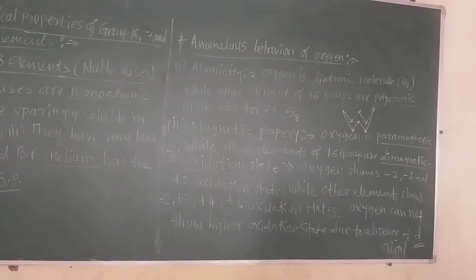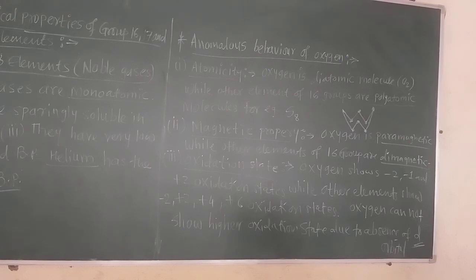So there is no d orbital in oxygen, and due to the absence of the d orbital, oxygen does not show higher oxidation states such as +4 or +6. But the other elements of group 16 show the oxidation states such as -2, +2, +4 and +6. That means they can form compounds in which they have the +6 oxidation state.